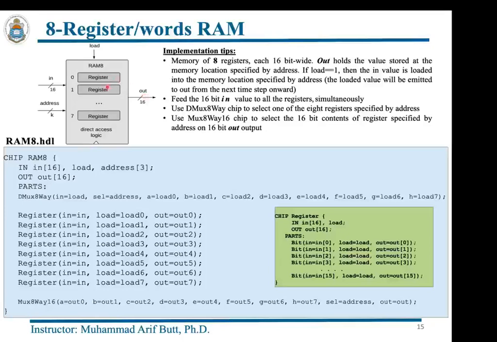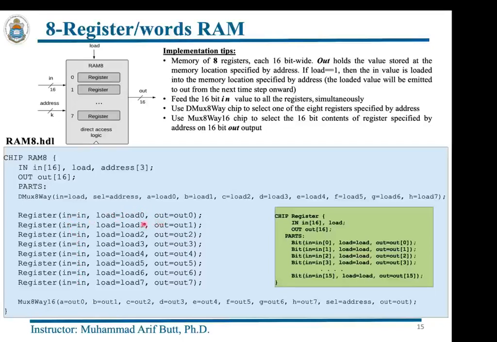Since this RAM 8 chip has 8 words or 8 registers, in the implementation part you can see that we have simply used 8 register chips. And note that the 16-bit in is common to all the registers. However, the load and the out bit are a bit confusing.